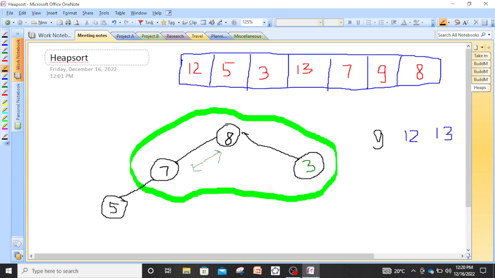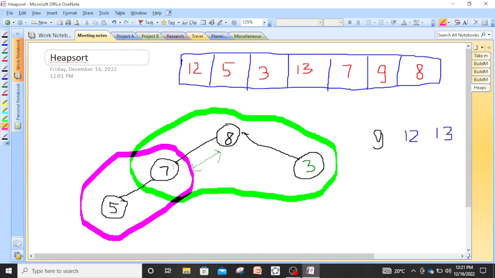Now you see the interchange is in the left part, so we have to come down. This time, if you come down, you will have node 7 with its children. There is only one child, no matter. A comparison may be done, because for the comparison we need at least two.